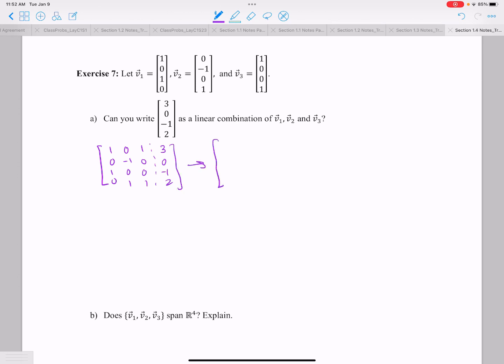When you row reduce this, you get 1, 0, 1, 0, negative 1, 0, 0, 0, negative 1, 0, 0, 0, and then the right-hand side of 3, 0, negative 4, negative 2. This last row tells me that 0 equals negative 2, which is no solution. So we cannot write 3, 0, negative 1, 2 as a linear combination of the v's.